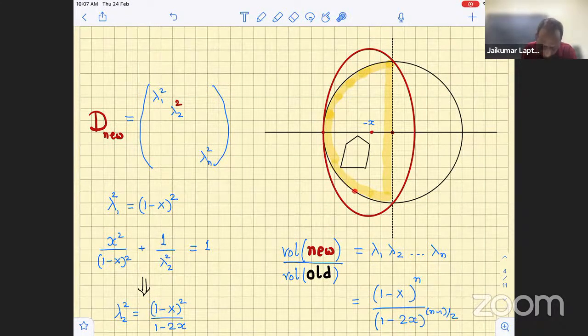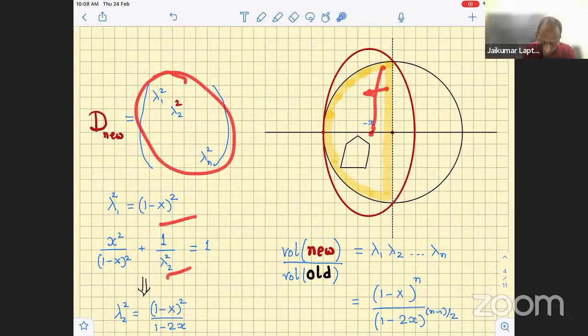We know these points satisfy summation xi squared is less than or equal to 1, and you check whether they also satisfy the equation corresponding to these lambdas. We have the equation of this ellipsoid and this ellipsoid, and you just take a point which is inside this ellipsoid and on this side, and verify that it is inside this one with these values of the lambdas.